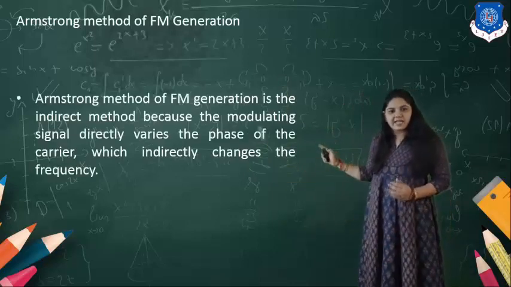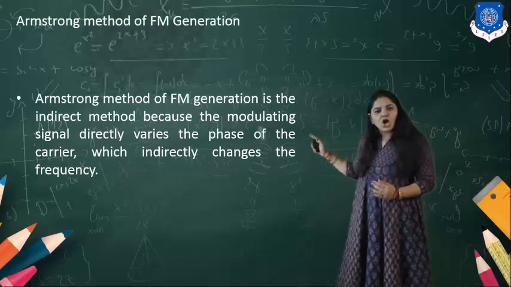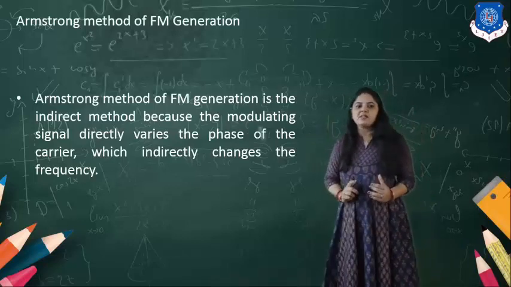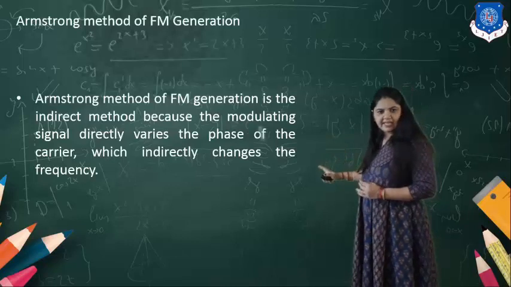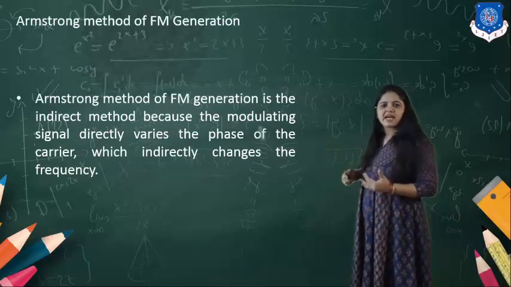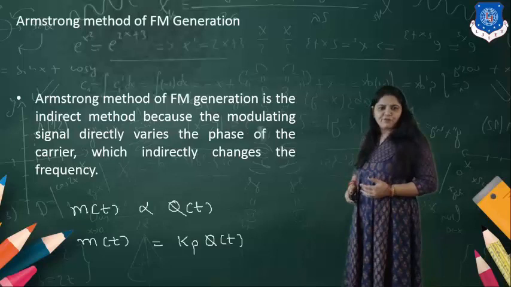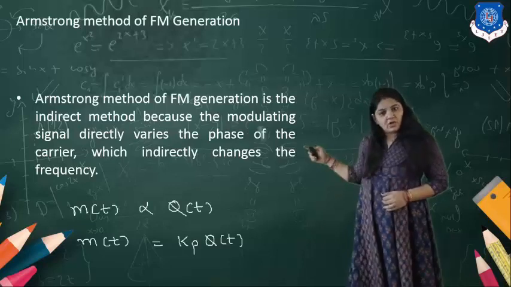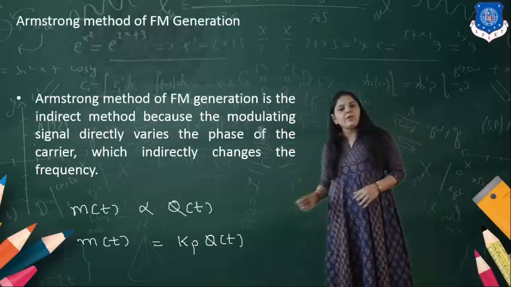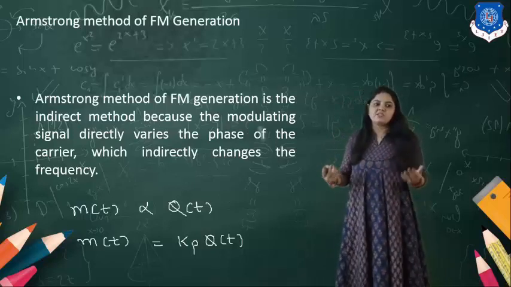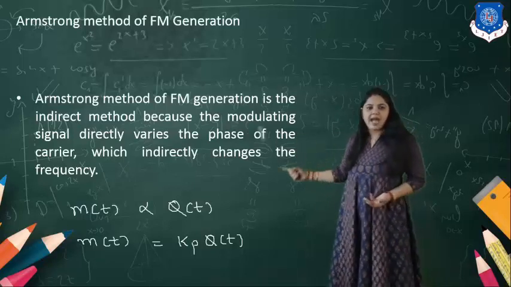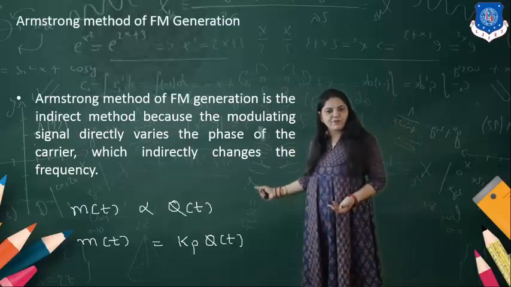It's the indirect method because the modulating signal directly varies the phase of the carrier, which indirectly changes the frequency. So you may also say that when the modulating signal amplitude changes, there is a change in the phase. So m(t) is proportional to φ(t).